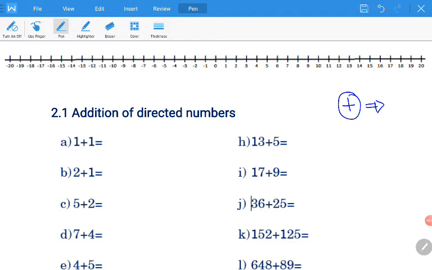So if you are asked to solve 1 plus 1, what you do using the number line is go where 1 is on the number line. So this is where 1 is. Then I move 1 place to the right. This leaves me at 2. So 1 plus 1 is equal to 2.